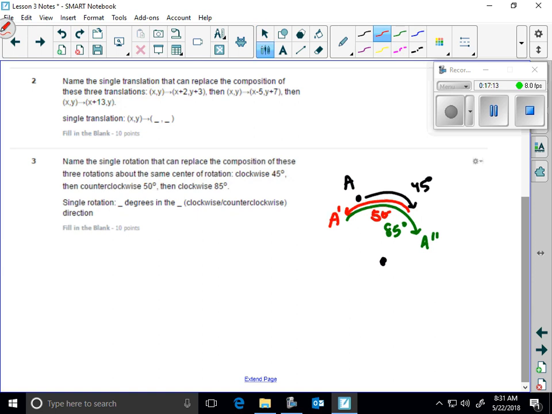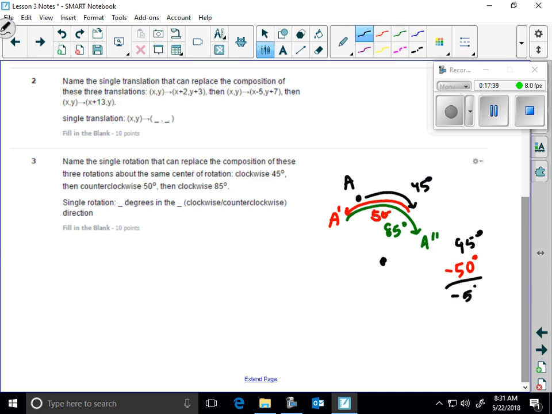Here's A prime. So to get from A to A double prime, how much did we actually rotate? So we went 45 degrees, and then we took away how much? Took away 50. So if I go 45, then I take away 50, what do I have left?